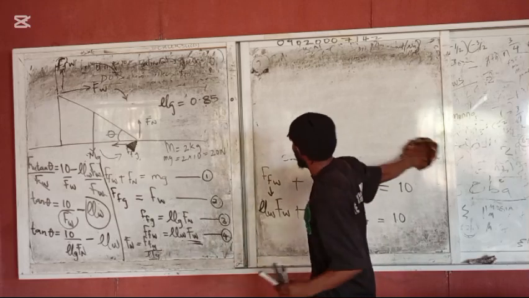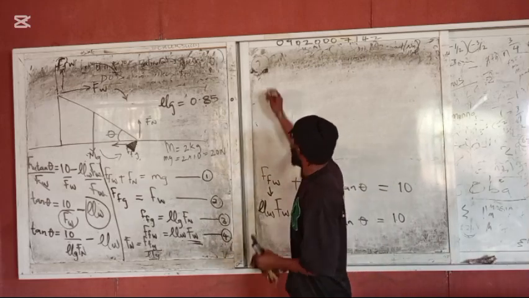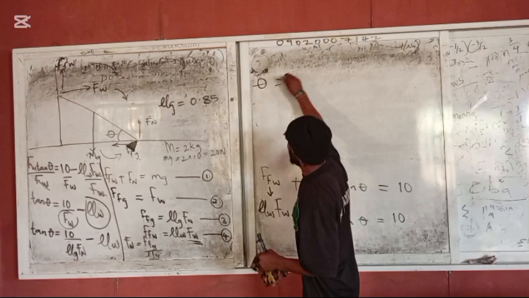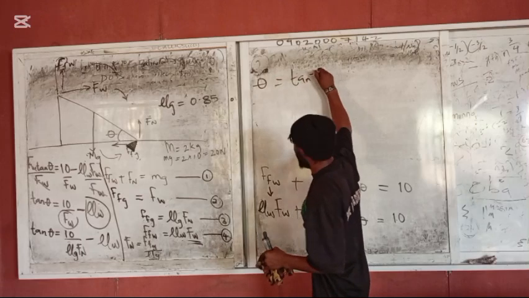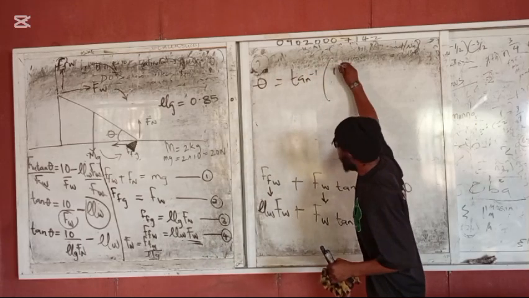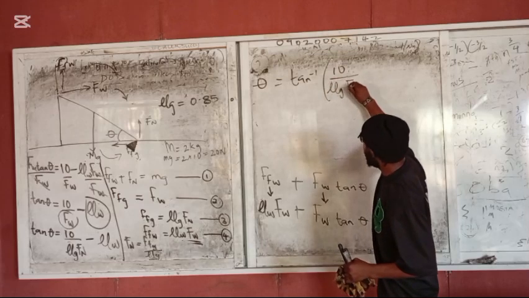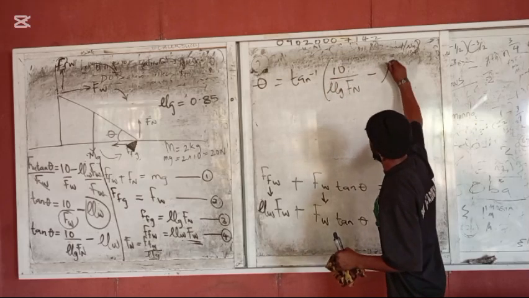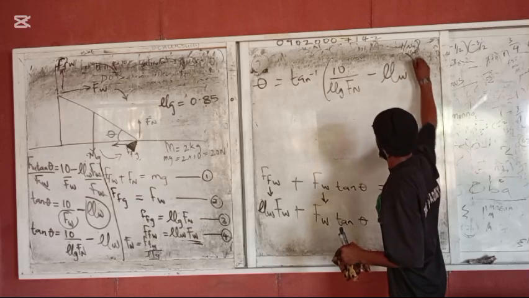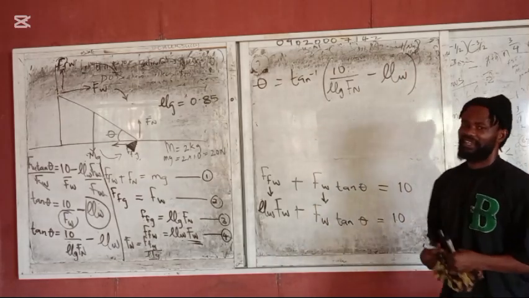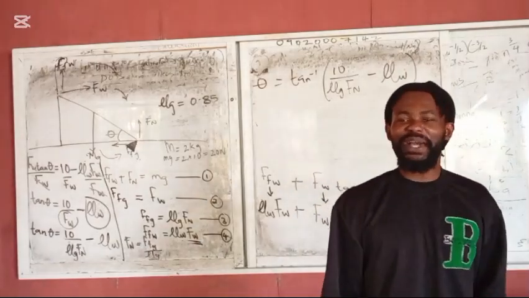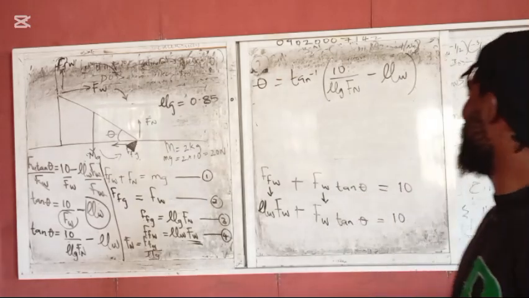So what we are simply going to have is that theta is equal to tan inverse of 10 over mu G, then Fn, minus the coefficient of the wall. This is what we have. That's the final answer.